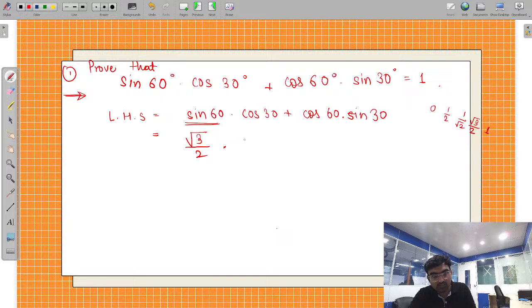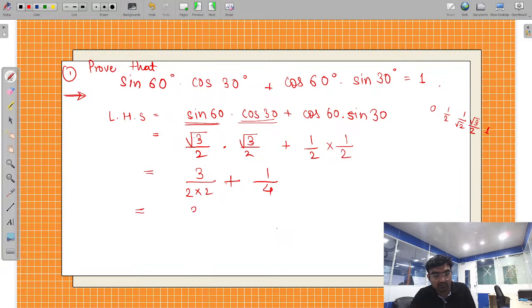Now cos 30, what is the value of cos 30? It's going to be the same as sine 60, that's going to be root 3 by 2. For cos 60, it's going to be 1 by 2, and sine 30 is also 1 by 2, correct? Now if we multiply this, root 3 into root 3 is 3, correct? And 2 into 2 is 4, and then 1 by 4.